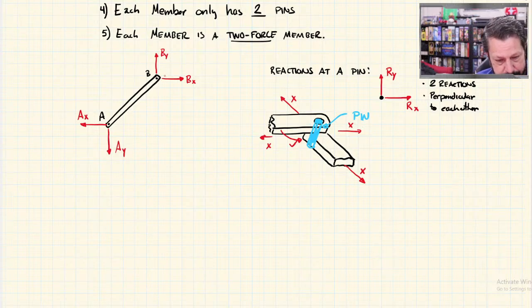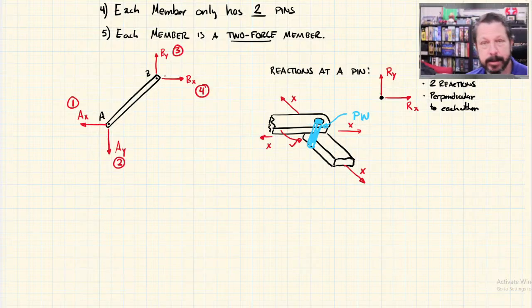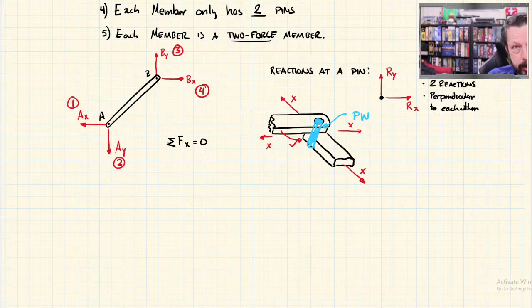Now the problem with this is that I have 1, 2, 3, 4 things I need to solve. And if you remember some of our equilibrium equations, we might have done those last week. We had the summation of forces in the x direction equals 0 for a part, or a member, or an object, a body, to be in equilibrium.